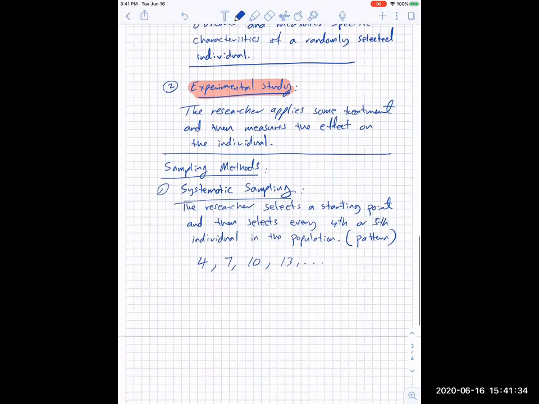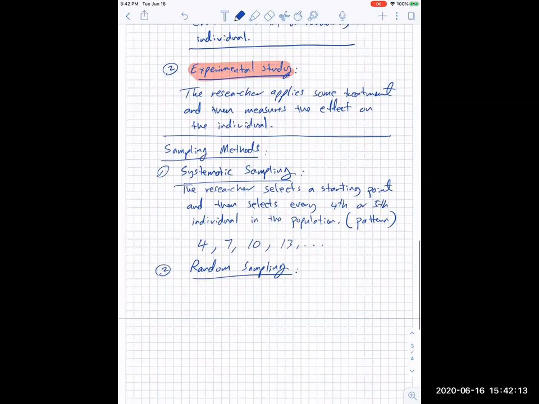Guys, opposite to systematic sampling, we have random sampling, which is the most effective way of collecting data. Exactly the opposite of systematic. No pattern here. A random sample is selected in such a way that every individual in the population has an equal chance of being selected. Every individual has an equal chance of being selected.